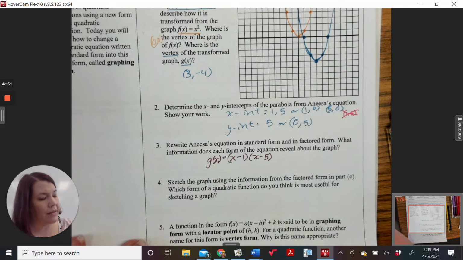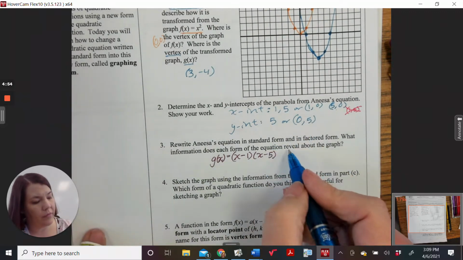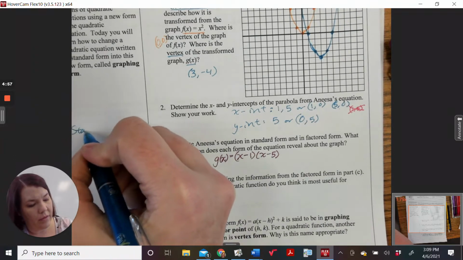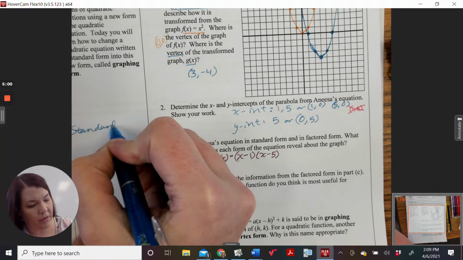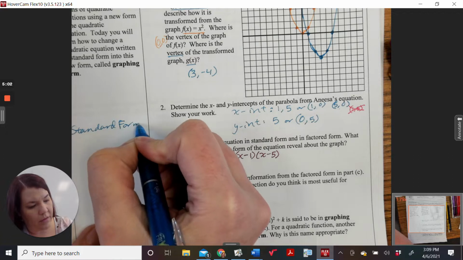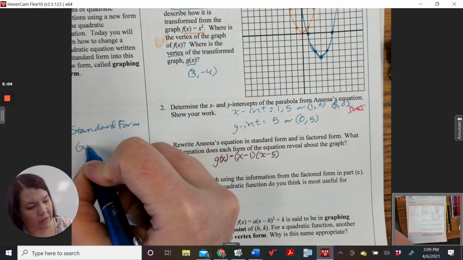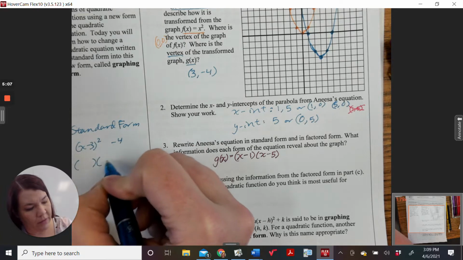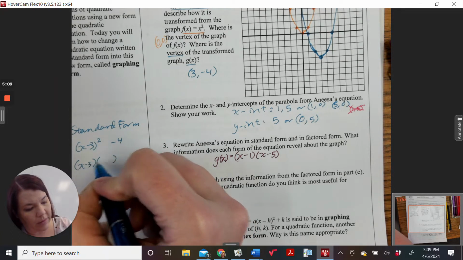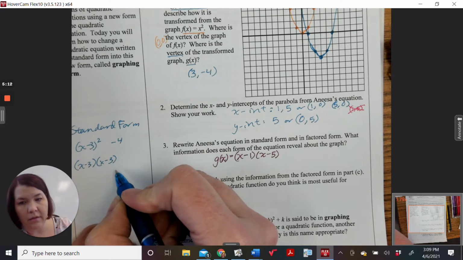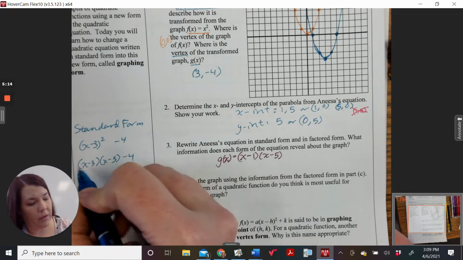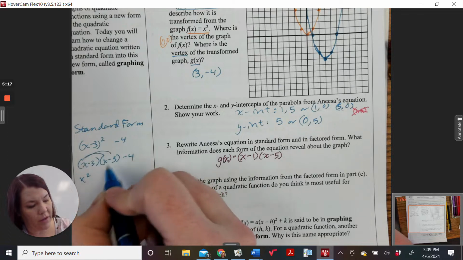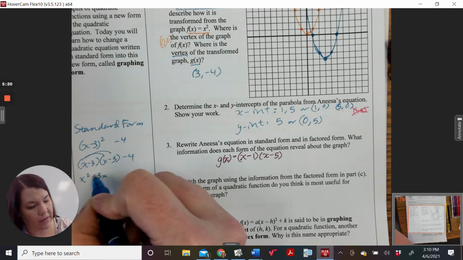Now to rewrite it in standard form, I'll do that over here. I'm going to start with x minus 3 squared minus 4, writing x minus 3 down twice so I don't make a mistake. Then minus 4. So x times x is x squared. X times negative 3 is negative 3x.